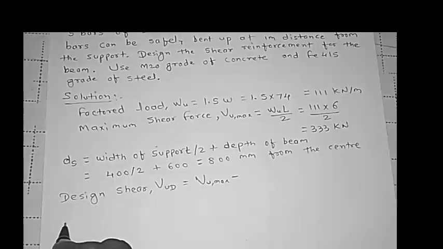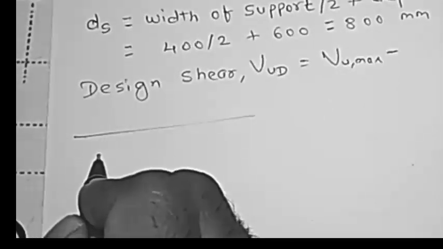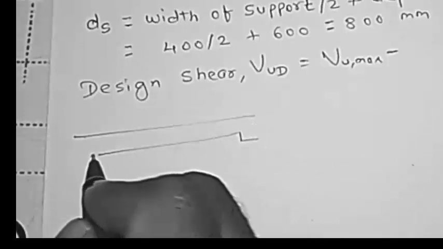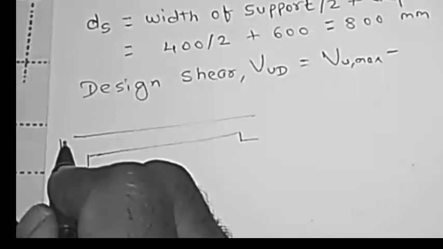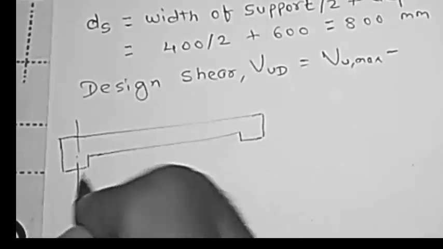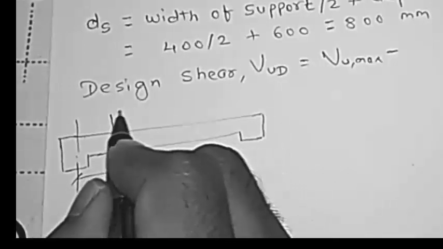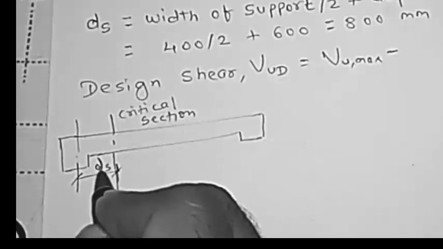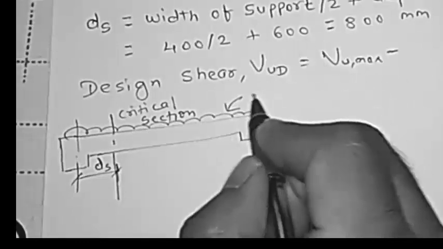Let us have this beam. From the support you'll have this critical section at a distance ds, and the load Wu is already acting here.